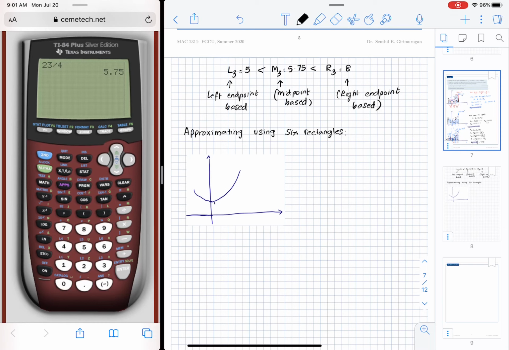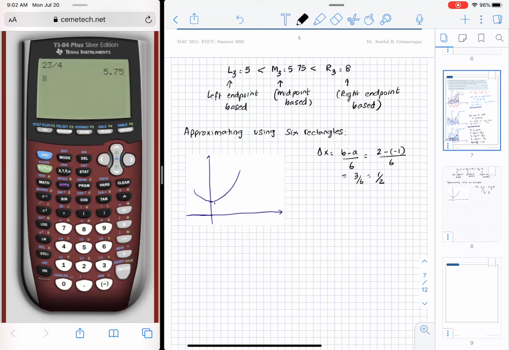So first we've got to find delta x. Delta x would be b minus a divided by 6. I'm sorry, we have 6 endpoints now. So 2 minus negative 1 divided by 6. And you should have 3/6, which would give us 1/2.